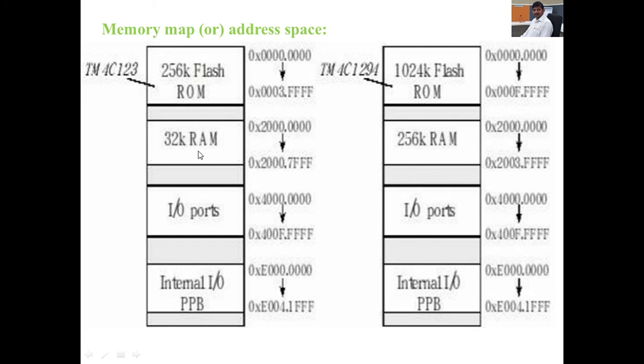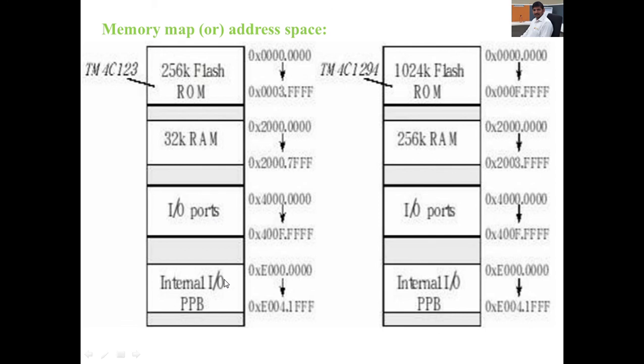Next, the memory allocated for IO ports starts from 4000 0000 to 400F FFFF. This range of memory is assigned for accessing and storing the IO information.